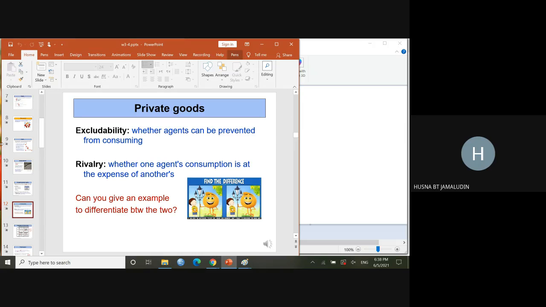Okay, can we get the answer from Halima? What is it? This is like, for example, the car. The car for the people. I give you the answer at the back so that you can see it.